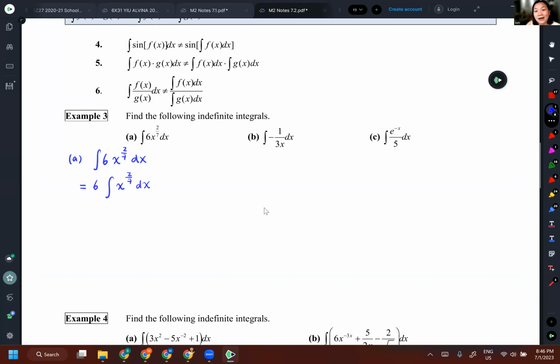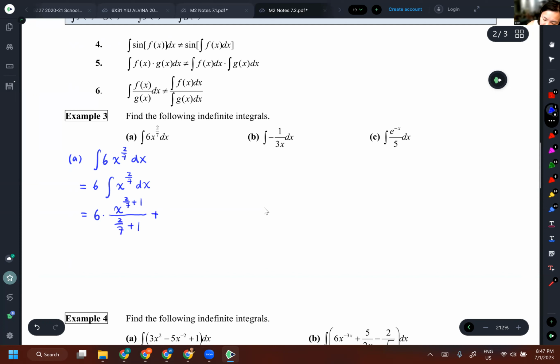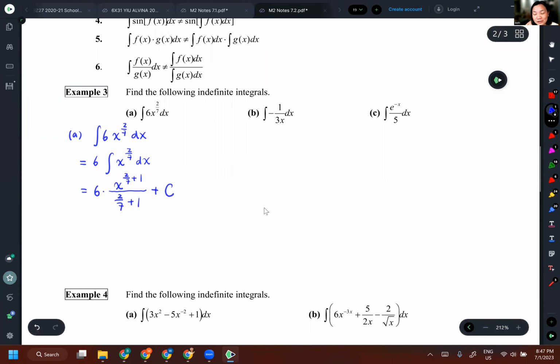And then I will use formula B. So it's like a combination, 2 steps. And then you simplify. Now, with this simplification, it's not easy. You can just use your calculator. Don't do it by yourself.